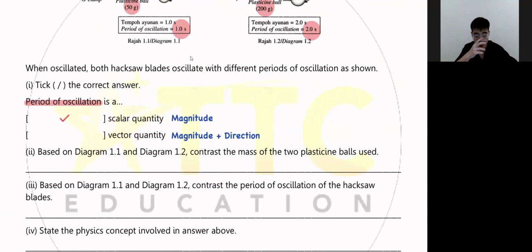Then question number 2. Based on diagram 1.1 and 1.2, contrast the mass of the two plasticine balls used. Contrast means compare. So what does the question want you to contrast? The mass of the two plasticine balls used. Obviously, the plasticine ball in diagram 1.2 has a greater mass than in diagram 1.1. So this one is a very simple answer.